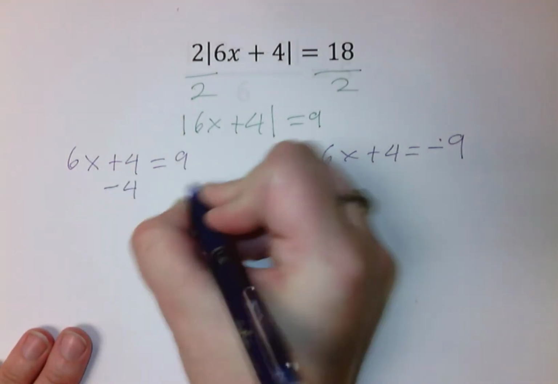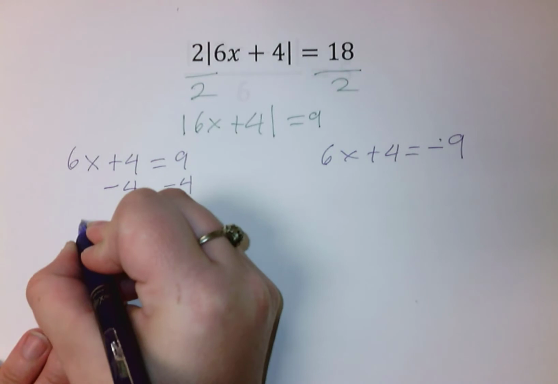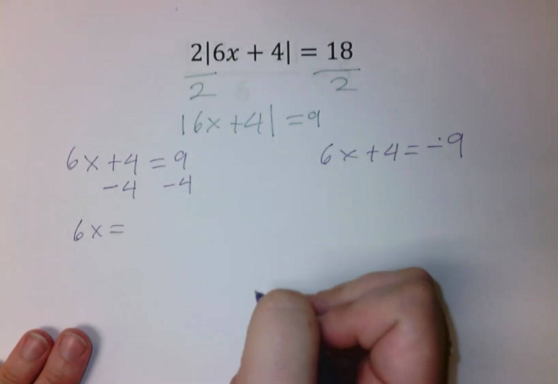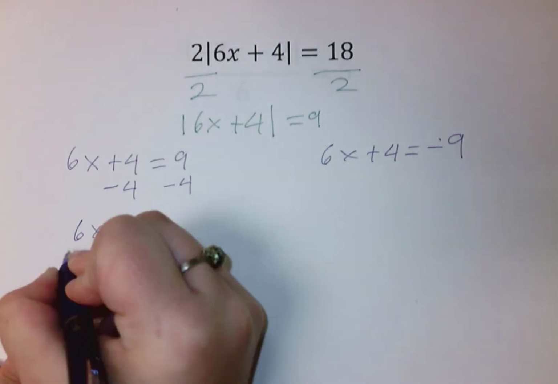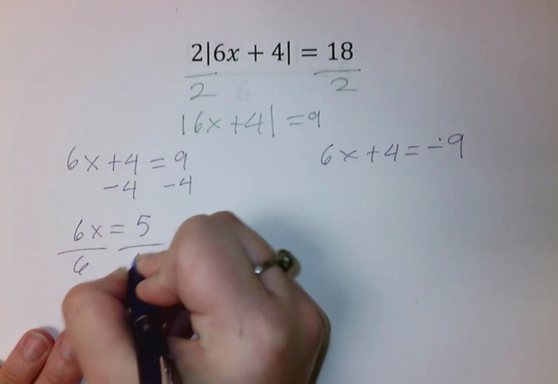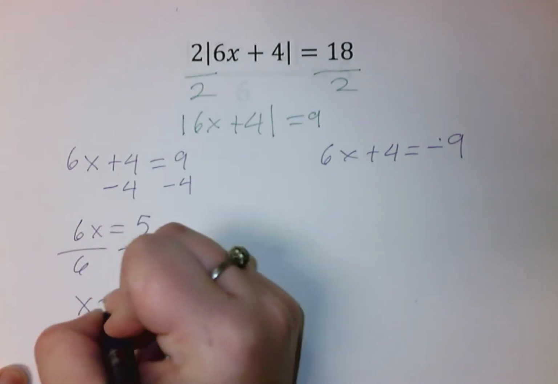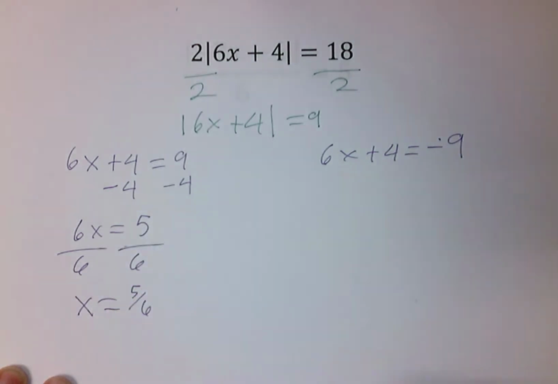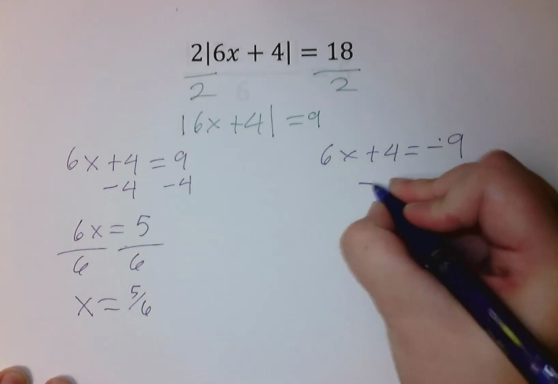All right, I can subtract 4 on both sides here, and I get 6x is equal to 9 minus 4 is 5. Divide both sides by 6, and x is equal to, that doesn't simplify, so we're going to leave it as 5 sixths. Solve the steps over here.